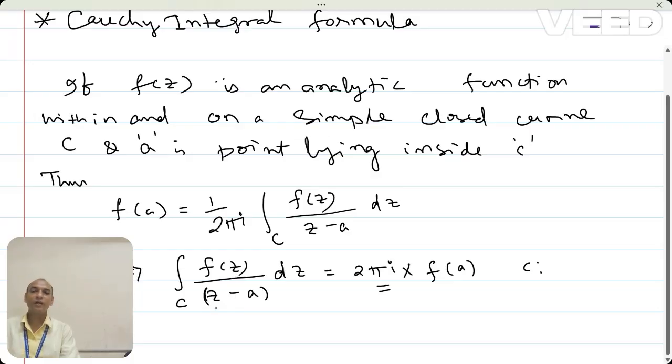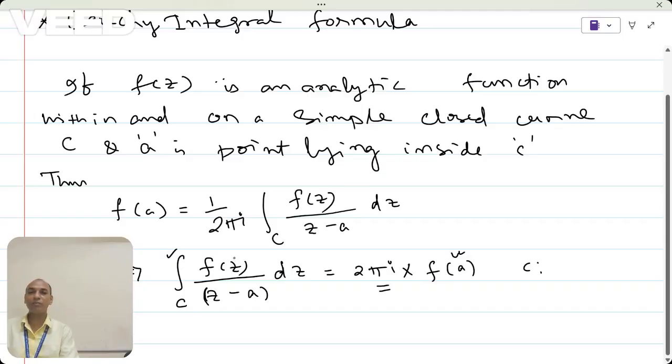So z equal to a is the point lying inside C. Then whatever f of z is there, in that you replace z by a. So you will get f of a. Simply you multiply that f of a with 2 pi i, and that will be the value of this integral. So this is called Cauchy integral formula.